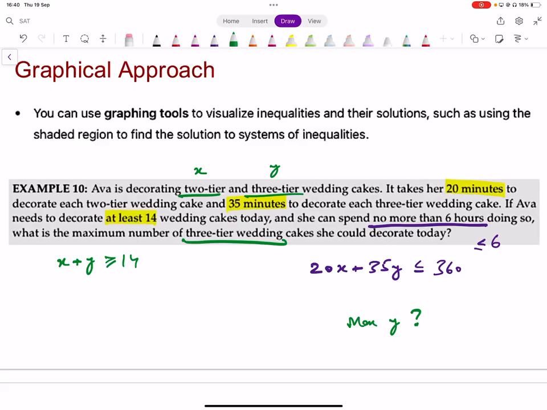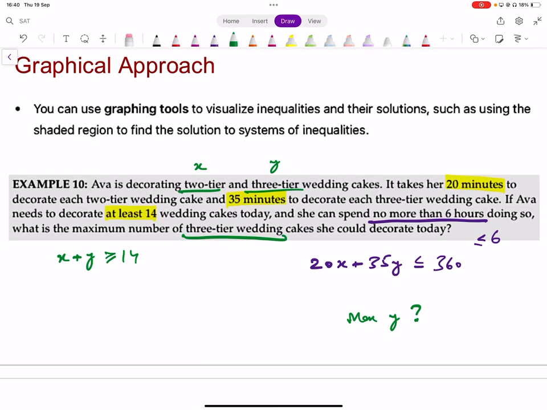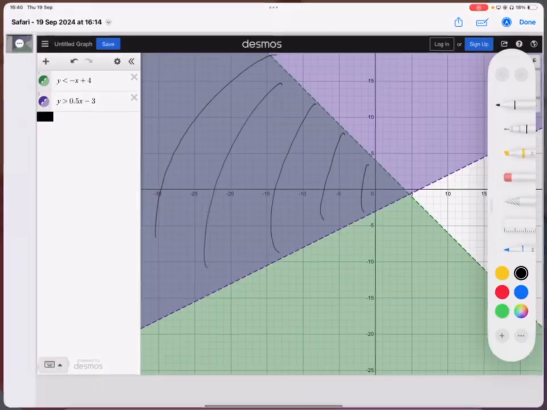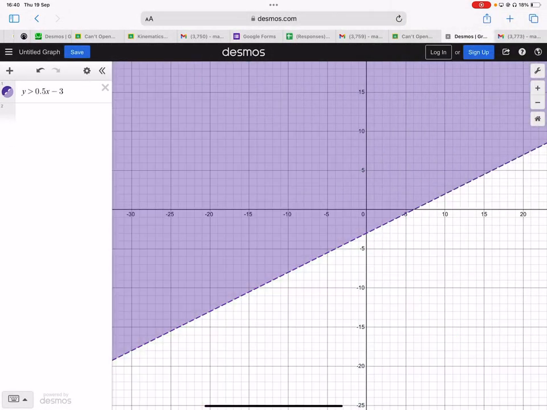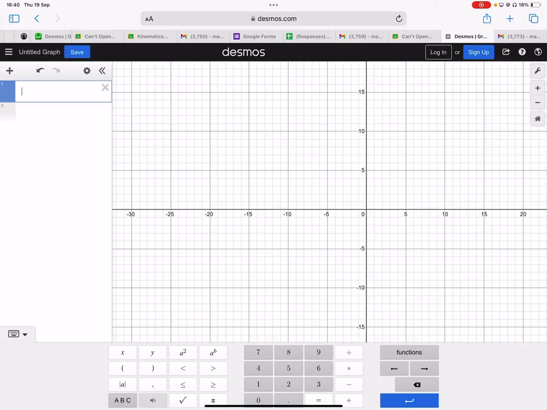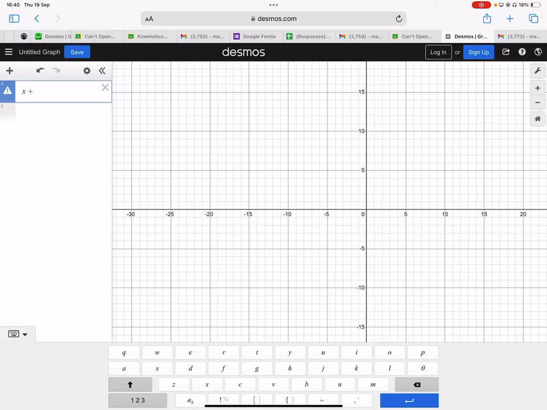Now let's try that. Let's input these two inequalities on Desmos and see what that gives us. X plus y is greater than or equal to 14. You can input them here directly. You don't have to make y even the subject. Desmos will handle everything for you.